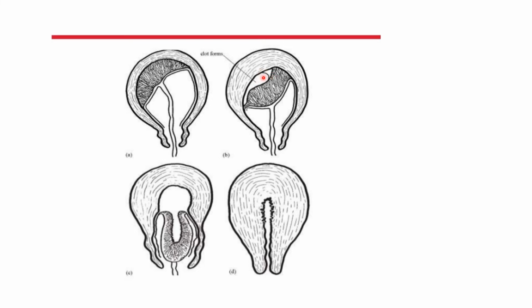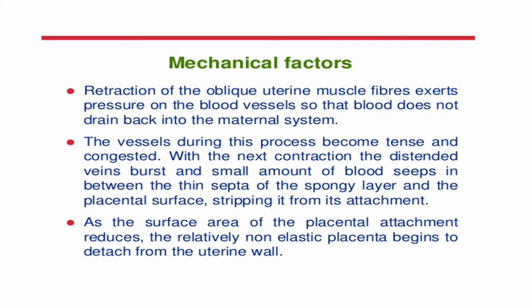The weight of this clot will help for the downward movement, or again due to gravity it helps for the further separation of the placenta, and the placenta will get separated. Along with that, peeling of the membrane also will occur, and it will come out of the uterus. So this is what is occurring in the placental separation.